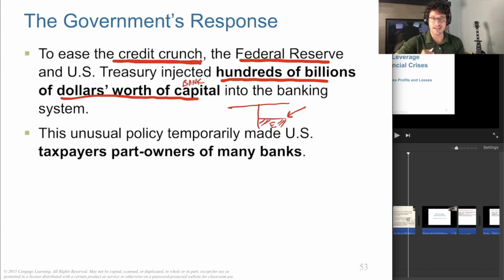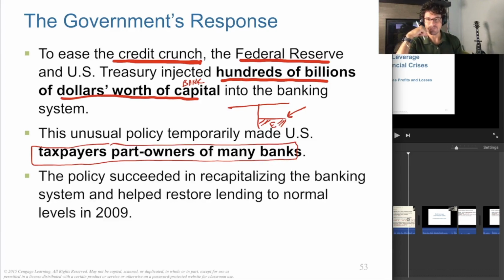What does it mean to pump money in terms of equity? Well, the government became a shareholder of these banks, which means taxpayers became part owners of many banks. And this policy indeed succeeded and helped restore lending to normal in 2009.